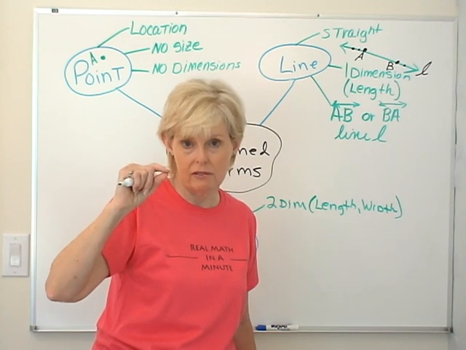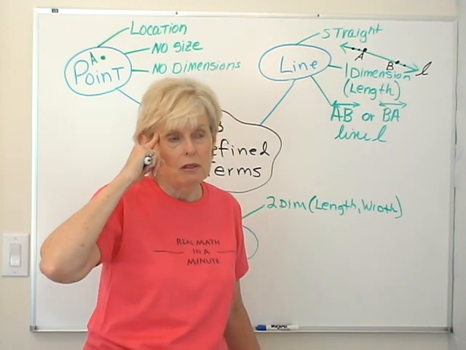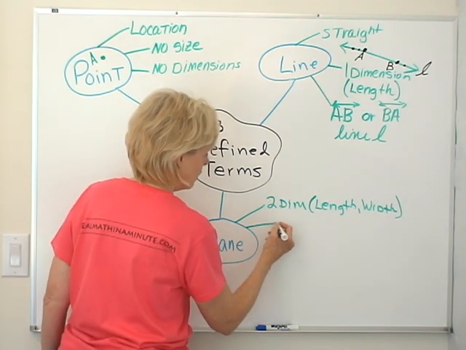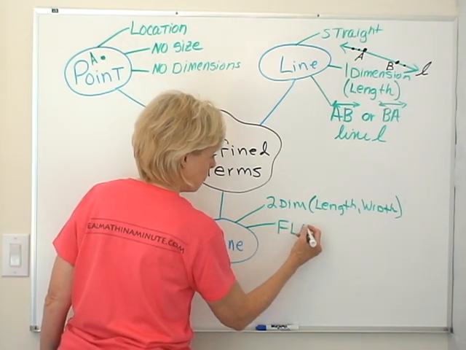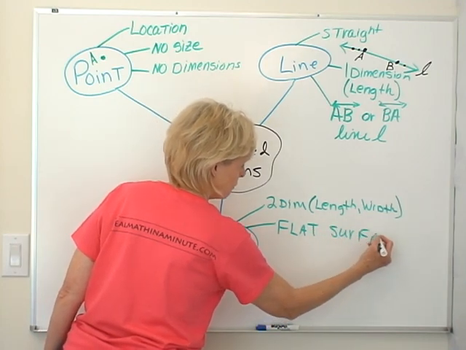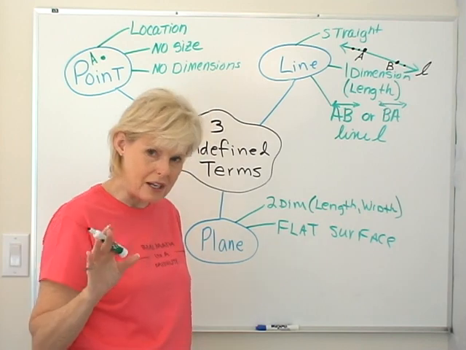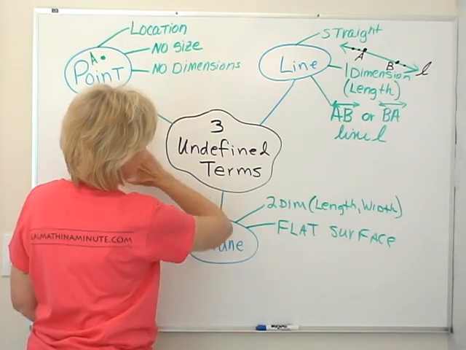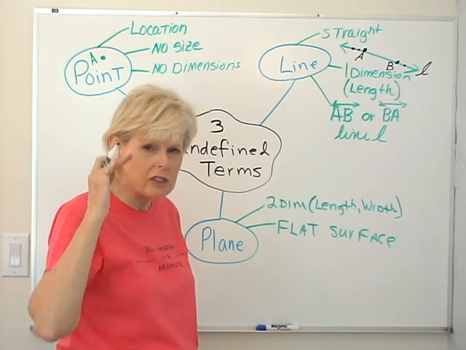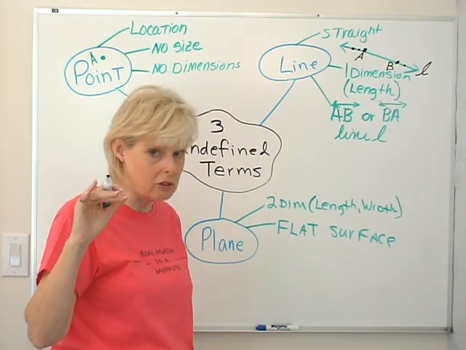It has no thickness. So when we think about how we would represent a plane, we really think of it as a flat surface that has no depth. Like I could think of this board right here as representing a plane, if I could just think of it as being infinitely thin, with no thickness.